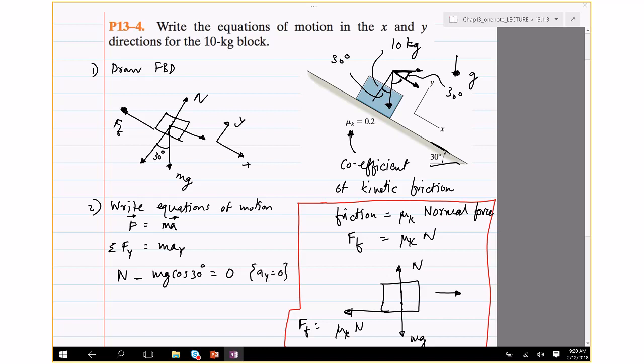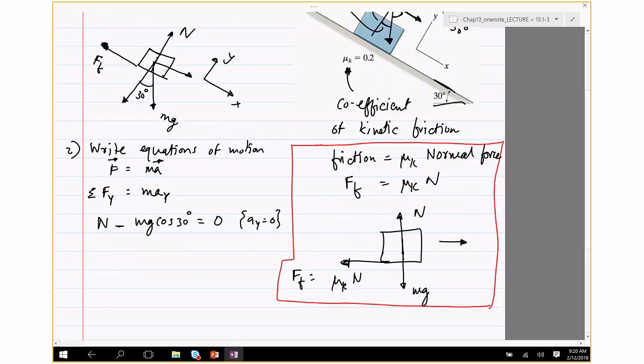If the particle had an acceleration in the y direction, it would just fly off from the incline. That's not true. It's not moving along the y-axis, right? So it's 0. So that's the first equation, N equals mg cosine of 30 degrees.